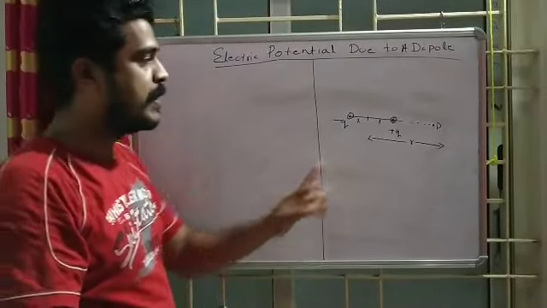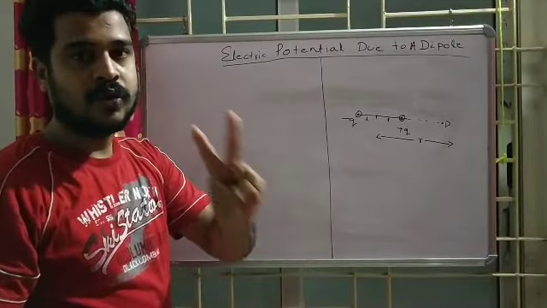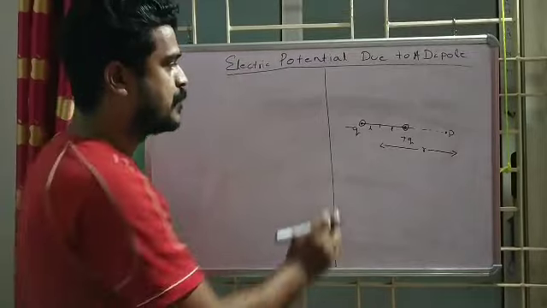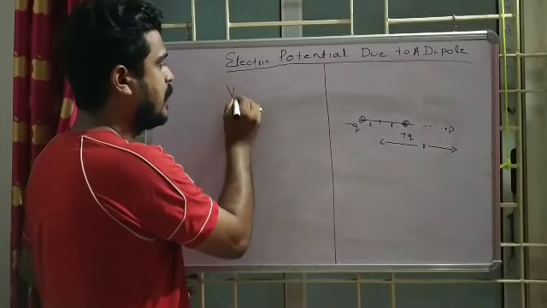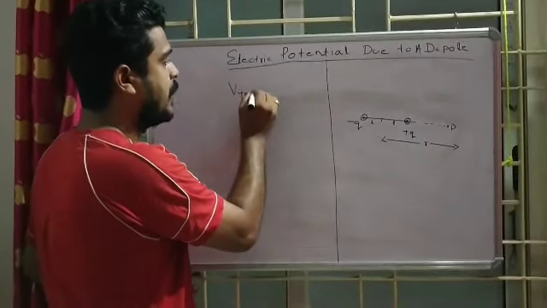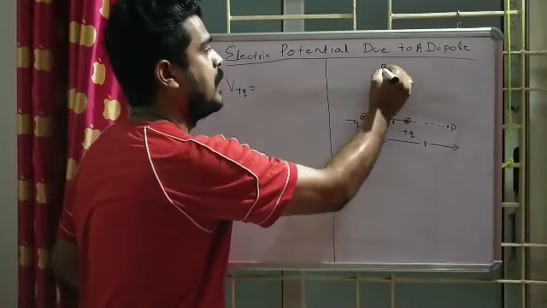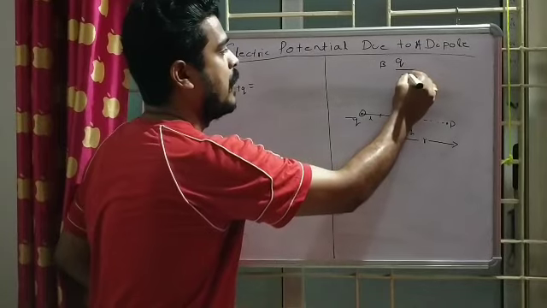So it is very clear that at the point P, I need to calculate two potentials. I will add the two potentials and I will get my final potential. Potential due to plus q equals, the formula is beta times magnitude of charge upon distance.